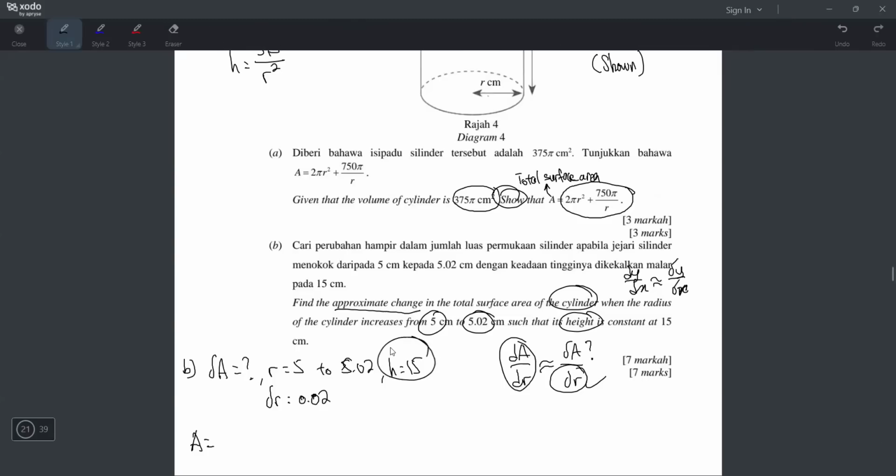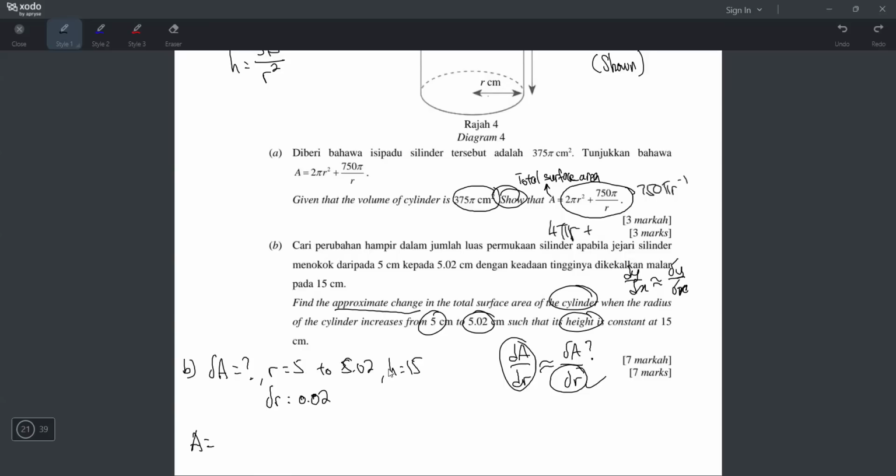Because if you differentiate this, you will get 4 pi r, and then this one is 750 pi r power -1. So you get negative here, negative 750 pi over r square. And then the r I can ganti 5, and then ganti masuk here dalam lah. Okay, but then the H15, this information will be useless already. Right, the information will be useless already.